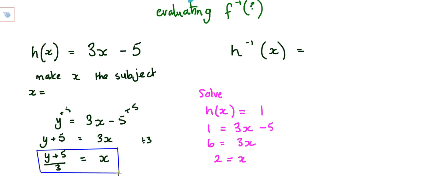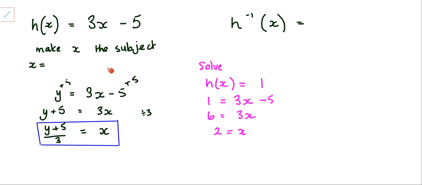However, there's one final step that I've got to do. And the final step, and this is quite an important stage for understanding things later on, I'm going to swap my x and y around. Okay? Because we normally do x is the input, y is the output. And if we want to think of my inverse function as a function in its own right, we want to put x in.